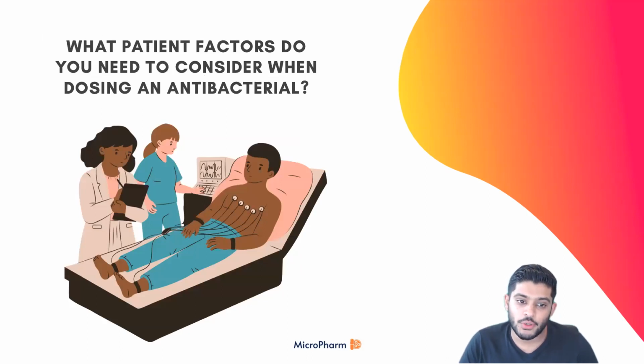So when you're going to start treating a patient with an antibacterial, an antibiotic, what patient factors do you need to take into consideration? Let's consider the patient's allergy status, because of course that will determine which antibiotics they will receive.